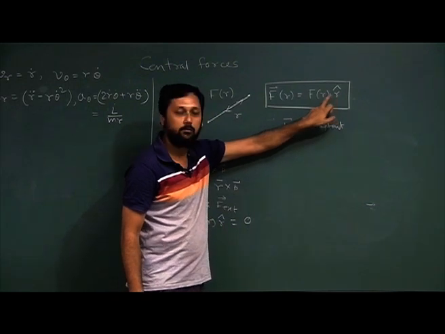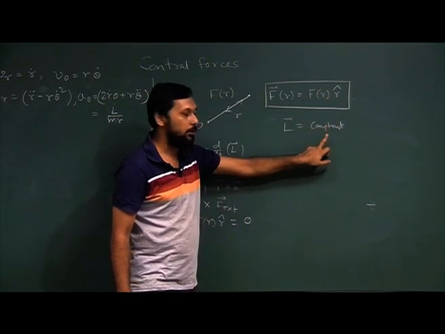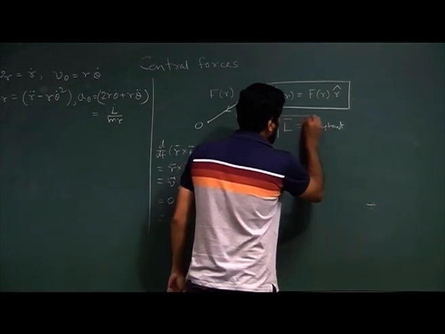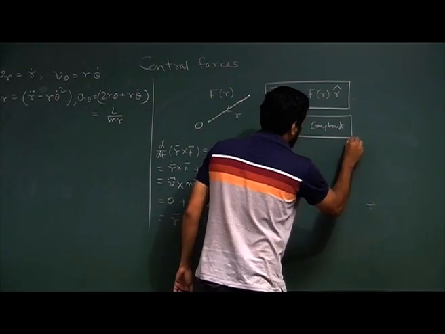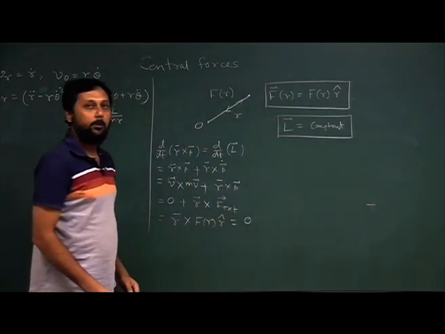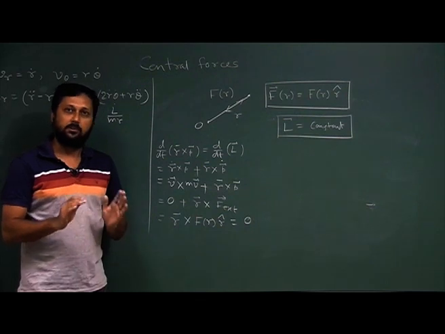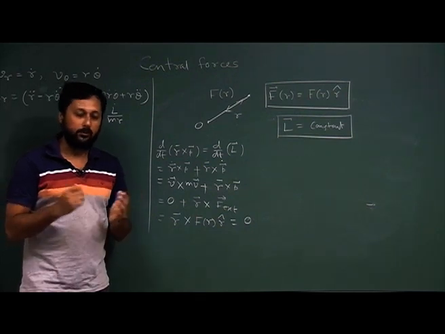Because of this particular form of central force, L will always come out as a constant. So, this is a very, very important result which essentially tells us that the angular momentum of a particle moving under the influence of a central force is constant.